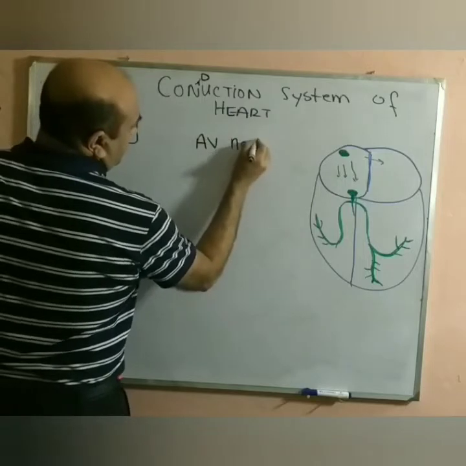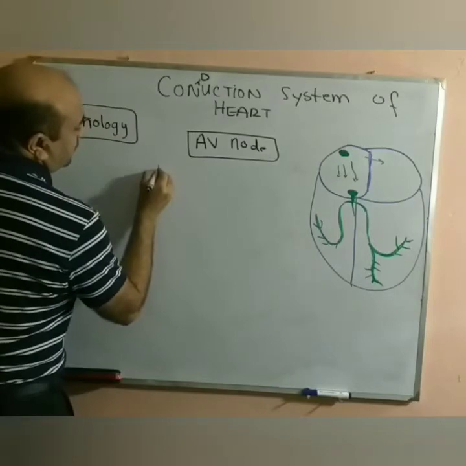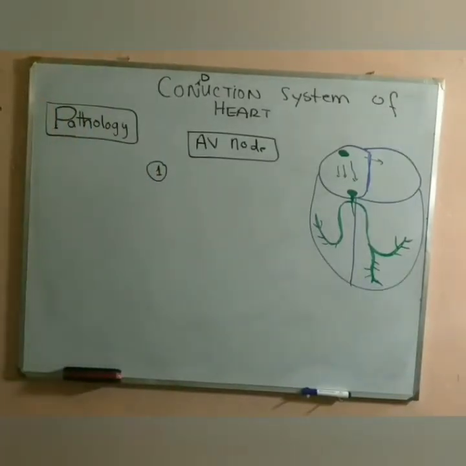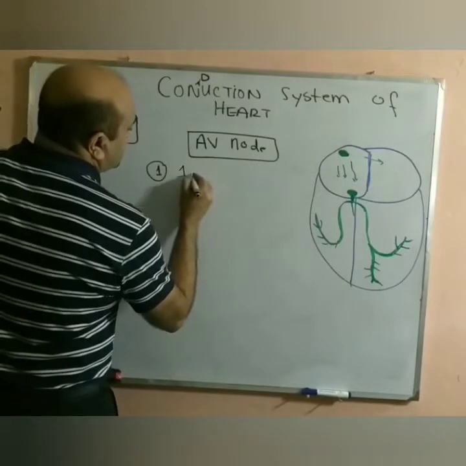Very famously, we know that sometimes the AV node has some problem with the impulse transmission down to the ventricle. It starts playing with its role, exploiting its role to let the impulse pass through it. It delays it sometimes and causes the first degree AV block.